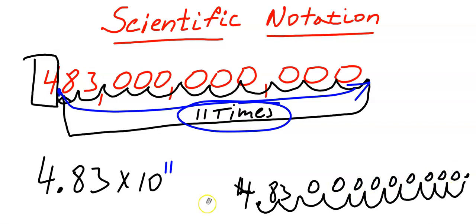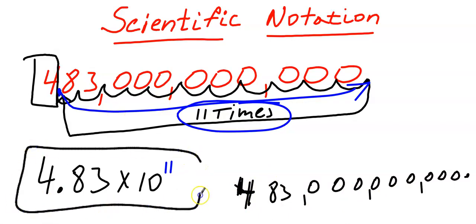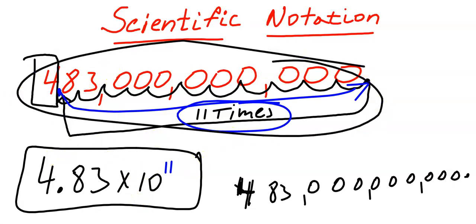Okay, erase the old decimal. And you don't need these loops anymore. Let's just see if we have the same number, 483 billion. Let's see, so comma here, comma here, comma here. We have 483 billion again. And so this is a quick way to check if you got the right answer. Counting also works. So this amount is worth the same thing as 483 billion. They have to be equivalent to each other.